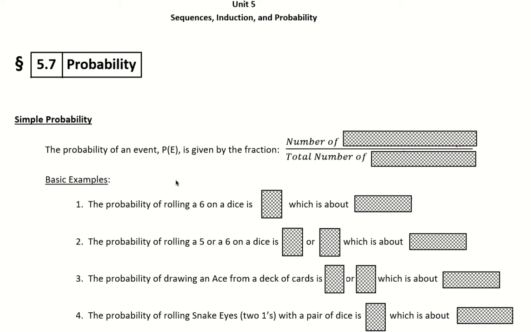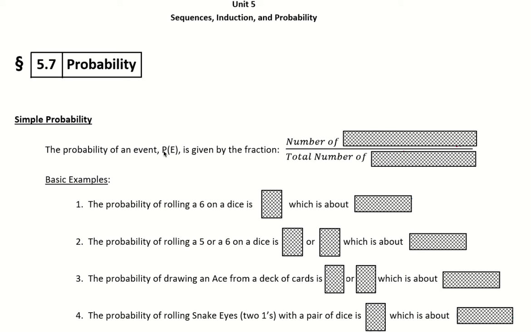The textbook definition of the probability of an event. Don't be surprised to see this notation here and there, where they use the letter P and then put something in parentheses, whatever the event is, like a P and then in parentheses rolling a 6, or it might just say 6.